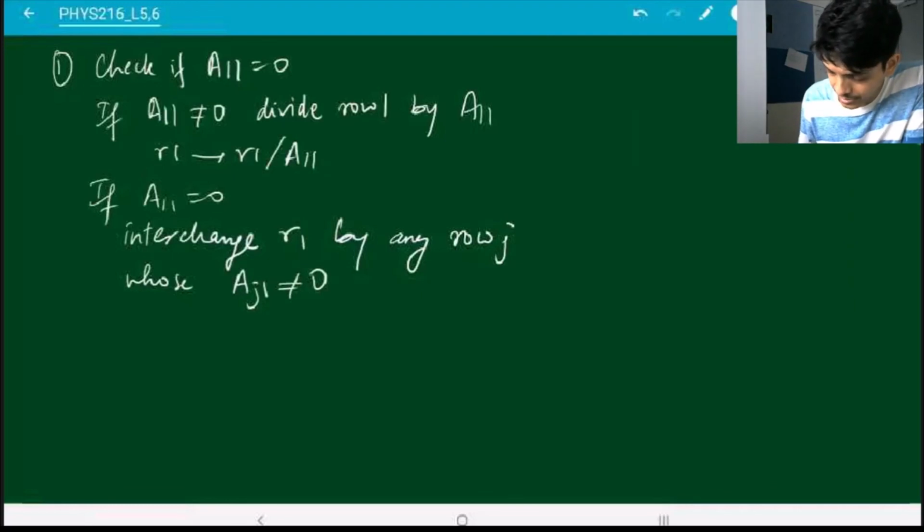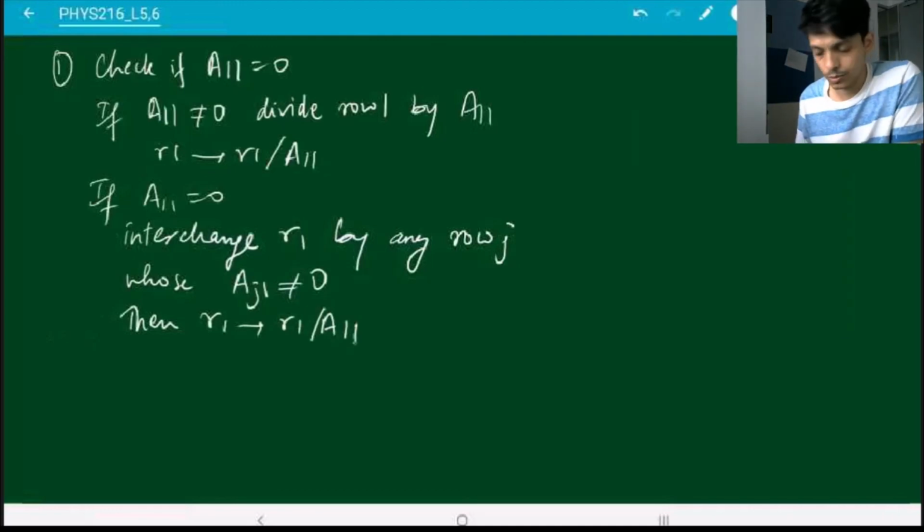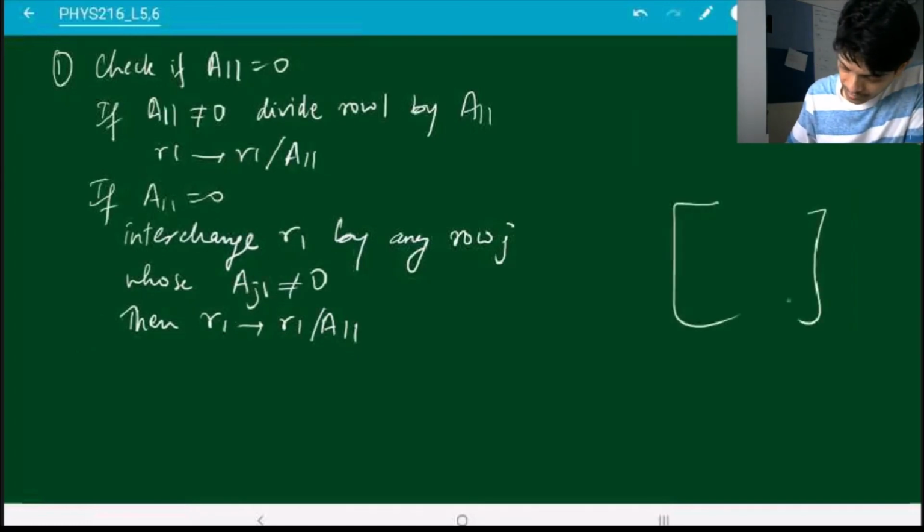Having done this interchange, do R1 going to R1 divided by A11, because now A11 is no longer 0, so you are allowed to divide by it. So having done this, your matrix has got a 1 over here. These are all some numbers, but you managed to get a 1 over here.